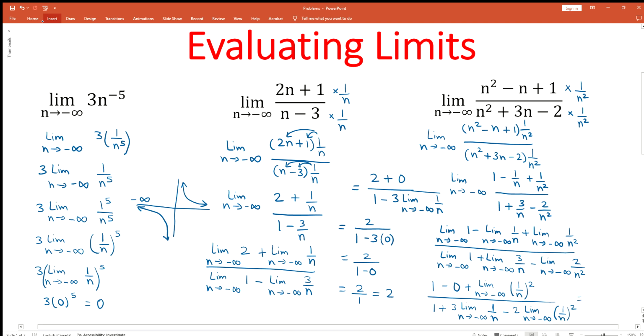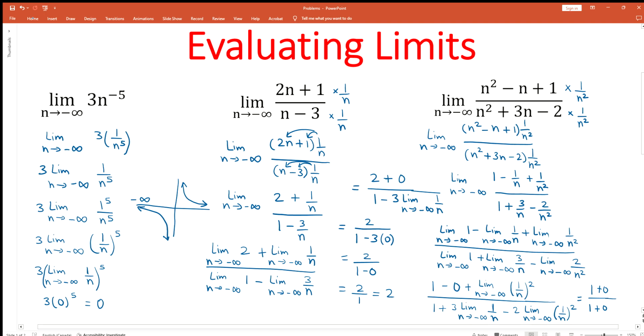In the numerator, 1 minus 0 is 1. The value of the limit in the numerator is 0 because as n approaches negative infinity, 1 over n approaches 0 and 0 square is equal to 0. In the denominator, as n approaches negative infinity, 1 over n approaches 0 and 3 times 0 is equal to 0.